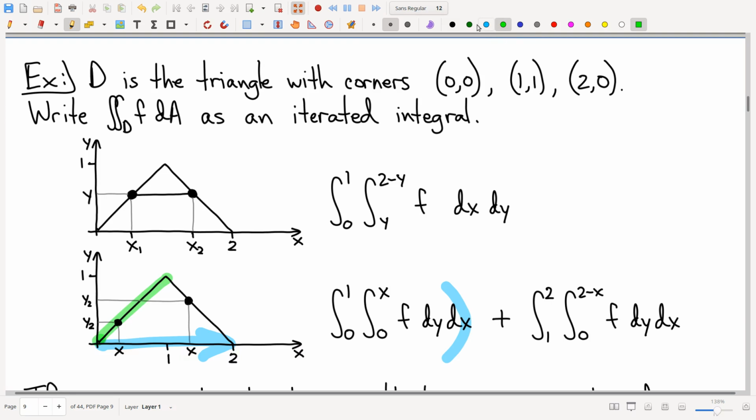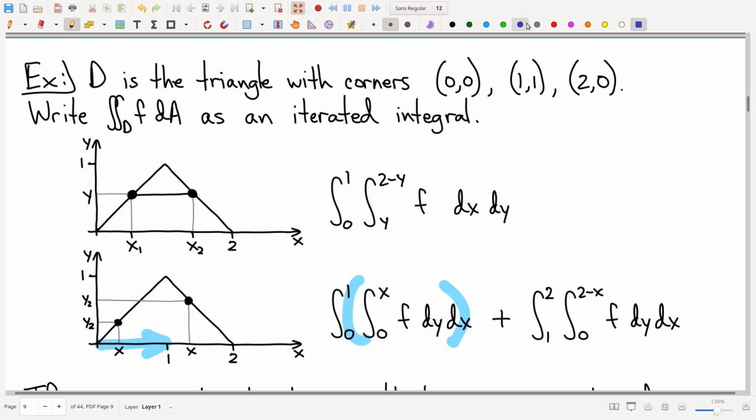But for other values of x, this is the curve that determines the upper bound for y. They're different curves. They have different equations. They will give different expressions for your upper y bound. And you can't do that. So that's why you have to do what I have written out here. You have to break this up into two separate x ranges. x first goes from 0 to 1.